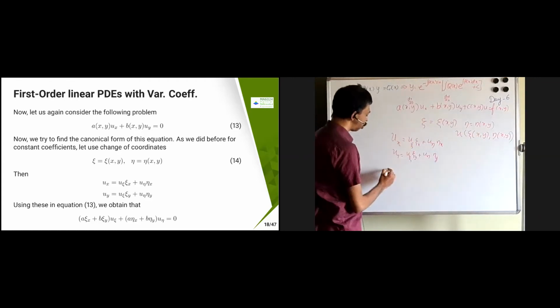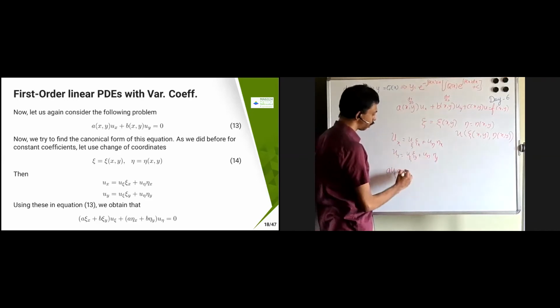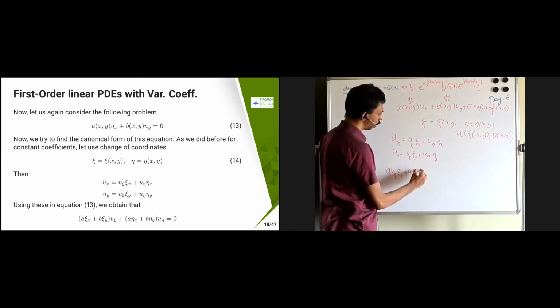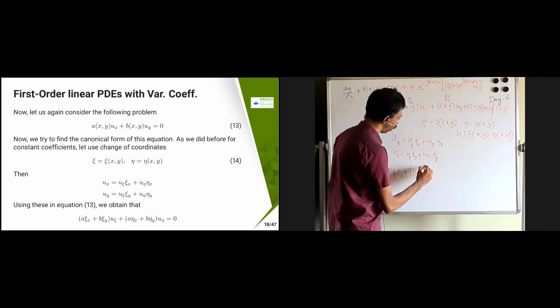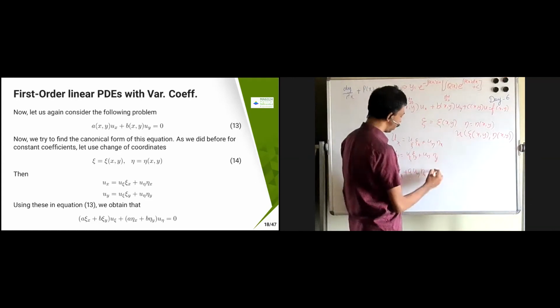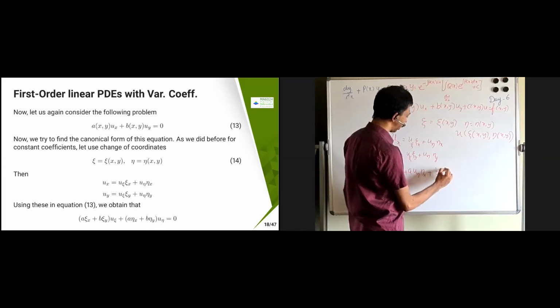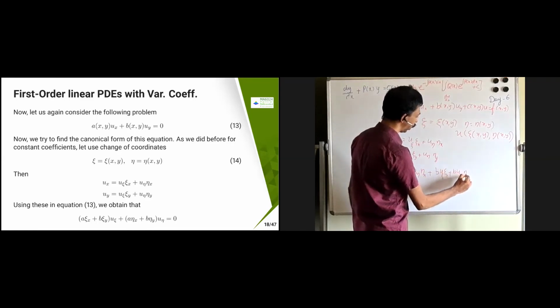So a into u_eta into eta_x is there, plus a into u_chi into chi_x is there, then plus b into u_chi chi_y plus b into u_eta eta_y.